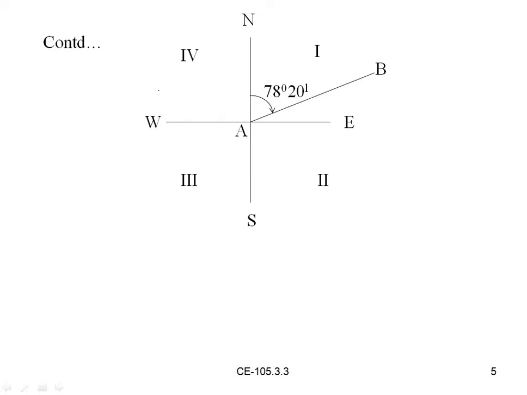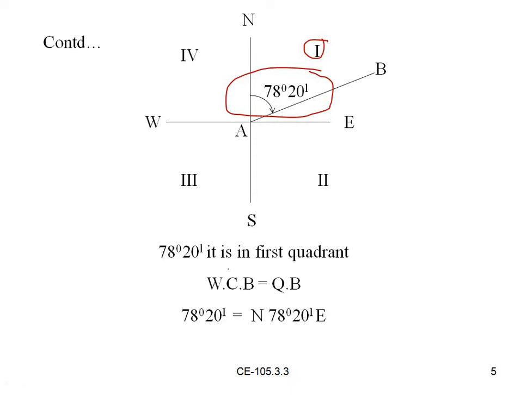Let us see the quadrantal bearing. Here we have 78 degrees 20 minutes, which is in the first quadrant, that we have to remember. If it is in the first quadrant, our condition is whole circle bearing is equal to quadrantal bearing.